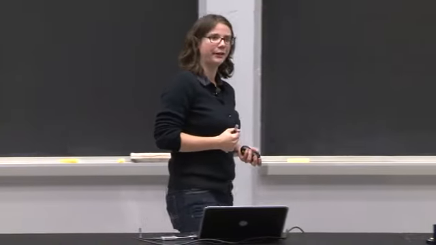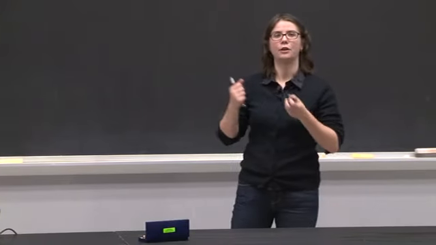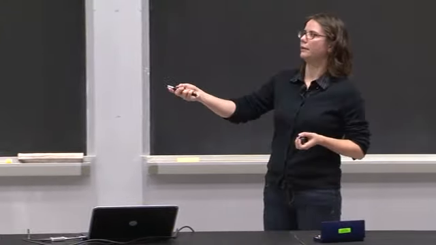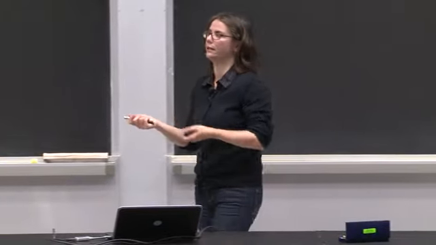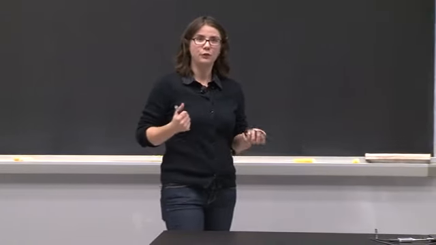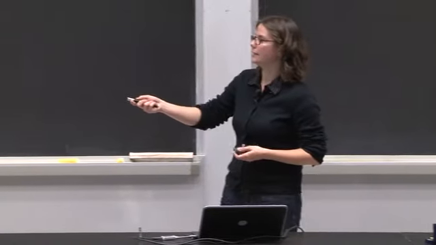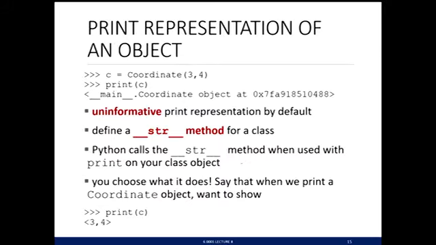If you define this method in your class, that tells Python, when you see a print statement on an object of type coordinate, call this method and do everything that's inside it. You can make it do whatever you want inside your definition of str. In this case, let's say when we print a coordinate object, we're going to print its x and y values surrounded by angle brackets. That seems reasonable. So from now on, when you print coordinate objects, you're going to see things like this, which is a lot more informative.